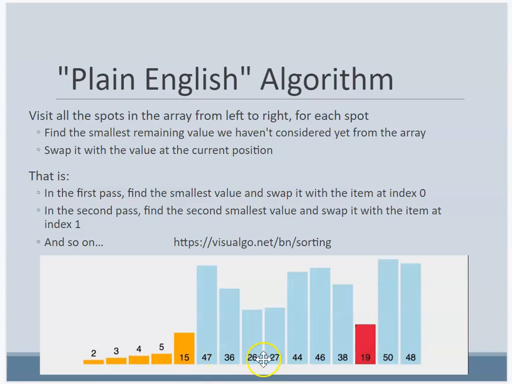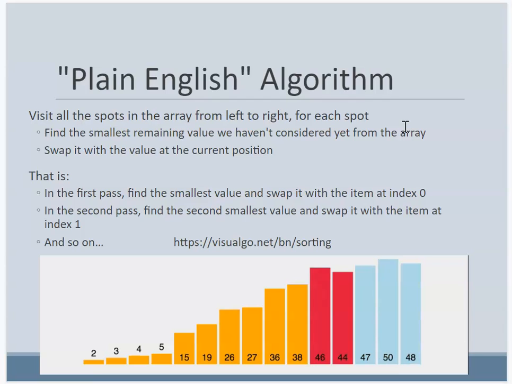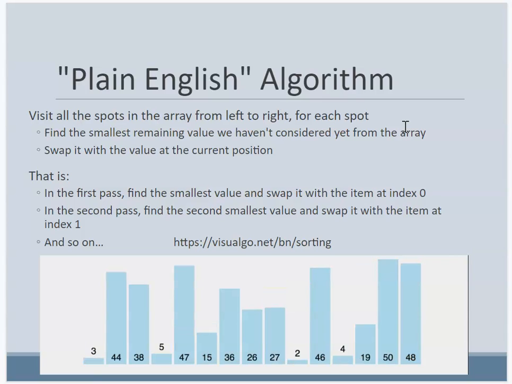Now 26 is the next current smallest until it becomes 19, and then that's the next current smallest. And it just goes on and on from there. So you're finding the very smallest, you're storing that value, and then you are swapping it with whatever the current index is that your loop is on. And then it keeps going, and now we're sorted.